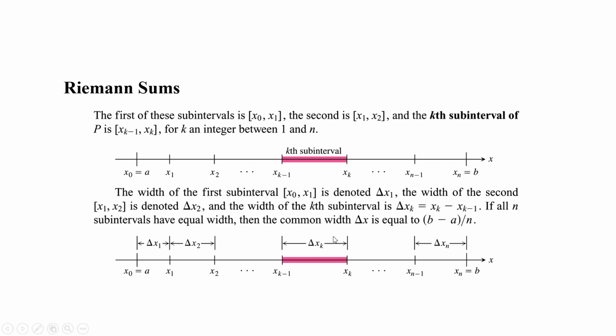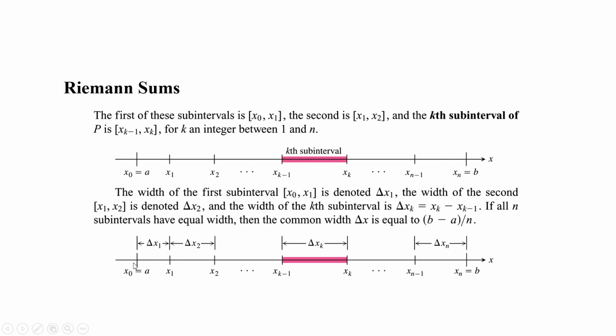So the first of these subintervals is x0, x1, and the kth interval is given by xk minus 1, xk, for k an integer between 1 and n. The width of the first subinterval is denoted by delta x1.